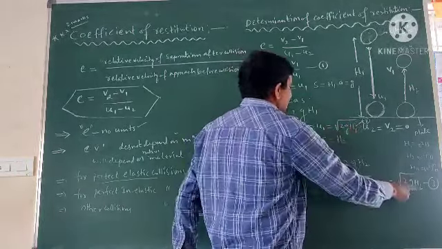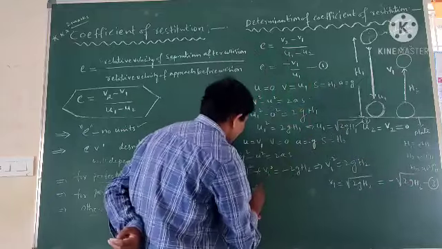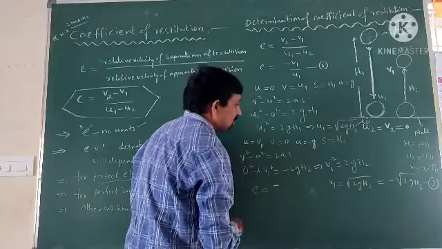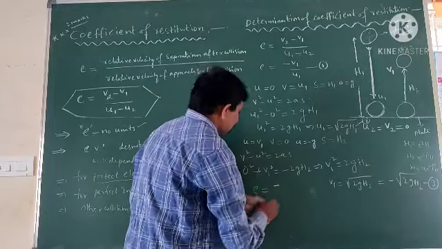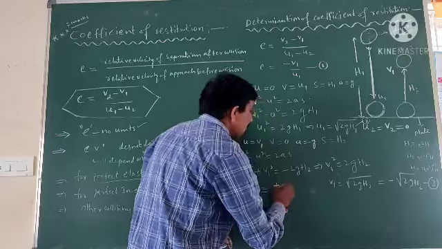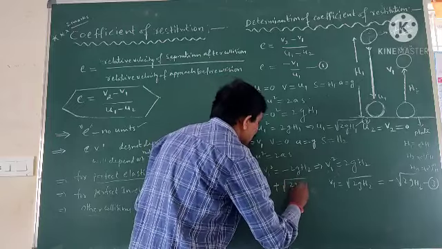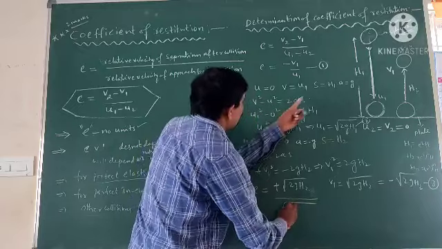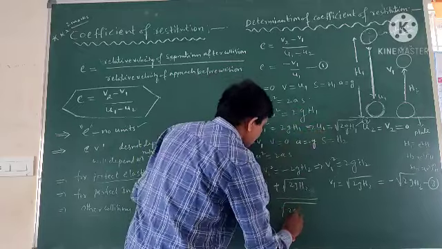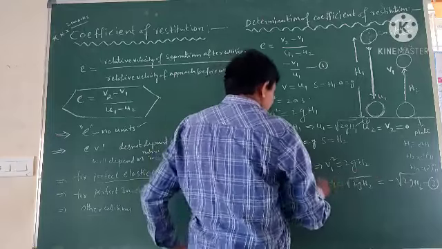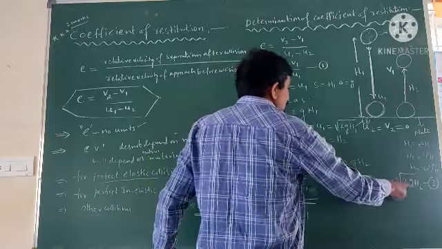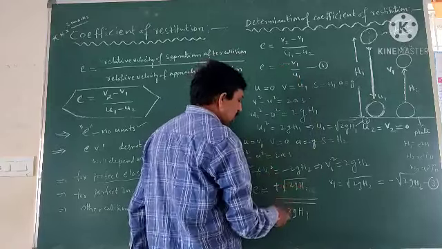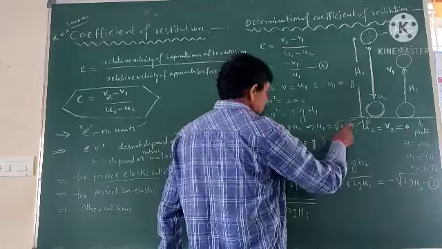Substitute the equation 2 value and equation 3 value in equation 1. So e is equal to minus v1 by u1, that is minus into minus, plus under root of 2g h2 by the u1 value, under root of 2g h1.